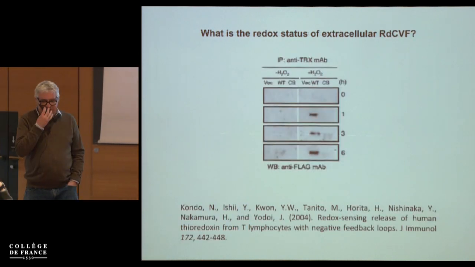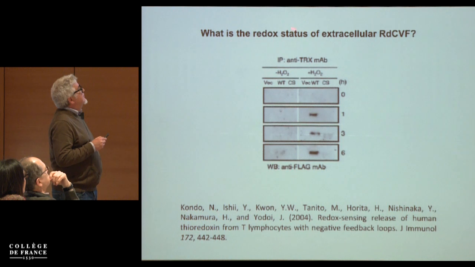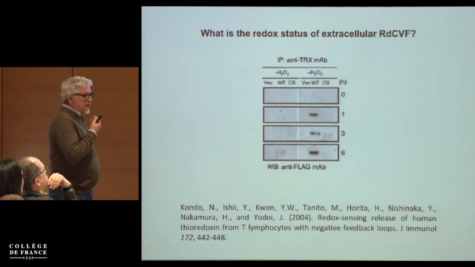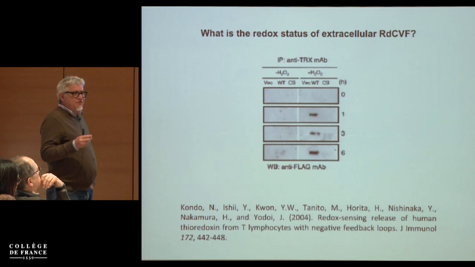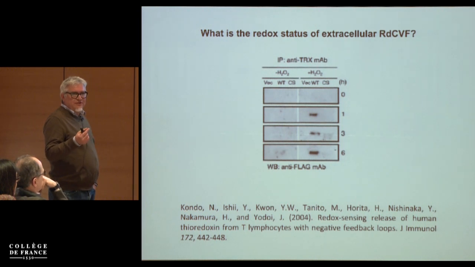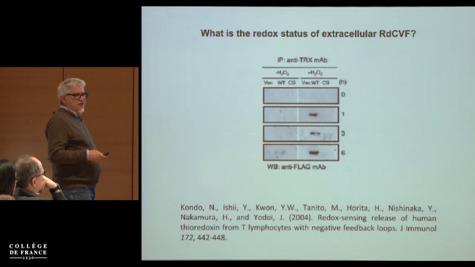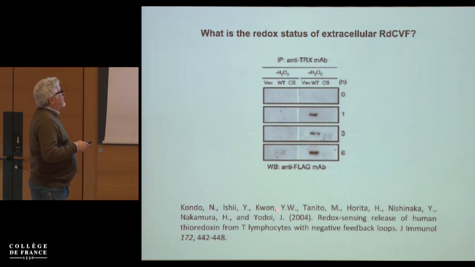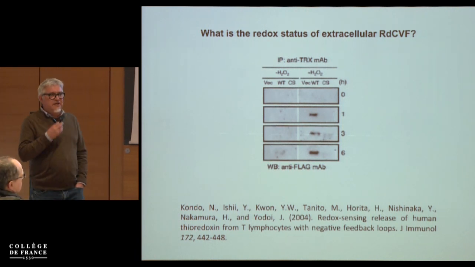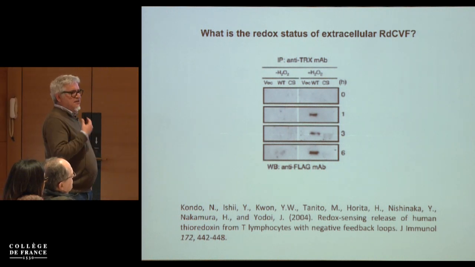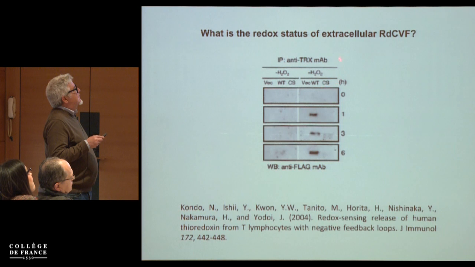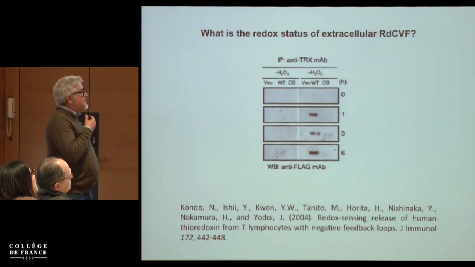So we looked in the literature at the question, what is the redox status of extracellular RDCVF? And this has no experiment. We just know by chemical analysis that RDCVF, the short isoform, the trophic factor, exists as a protein, at least when it's made in E. coli, as oxidized and reduced form. So the transition exists. The work of Onjoy has shown that one way to increase thioredoxin secretion is to induce oxidative stress by using hydrogen peroxide.